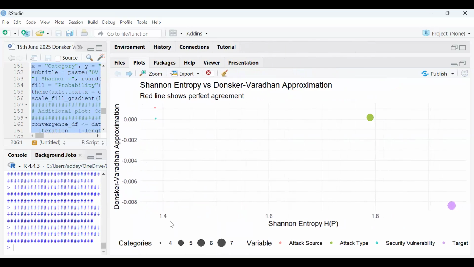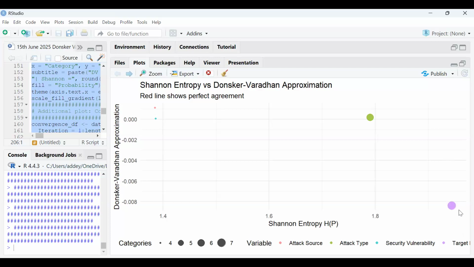So we are seeing that this axis represents the Shannon entropy for the variables of interest. So we see for attack source, the Shannon entropy was less than 1.4, and then we are seeing its DV approximation also being slightly above 0.